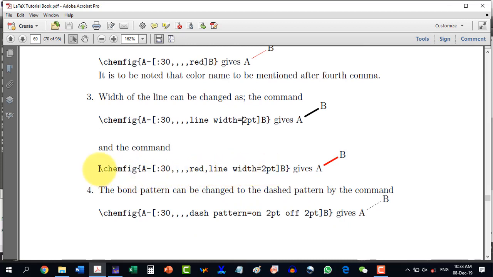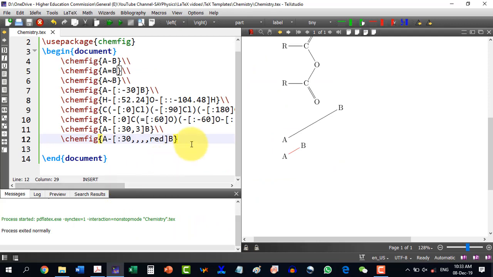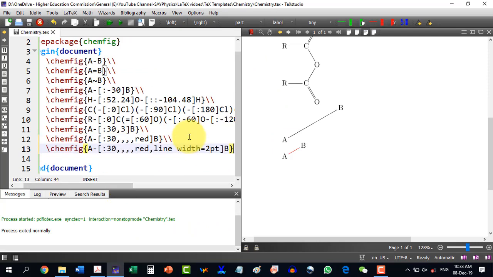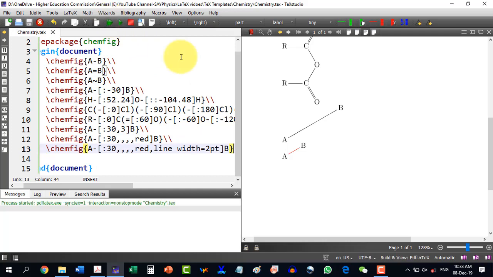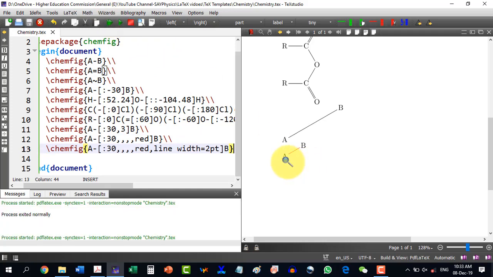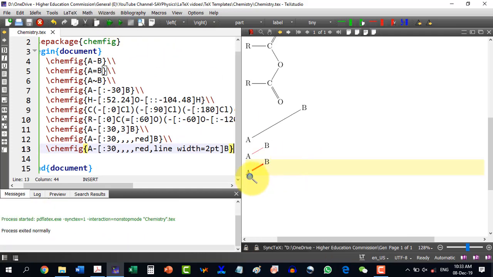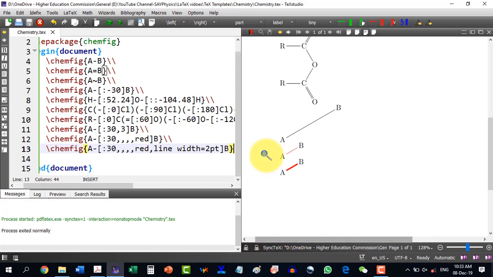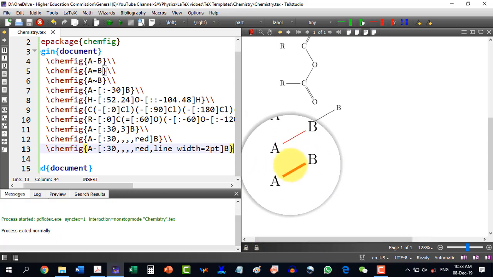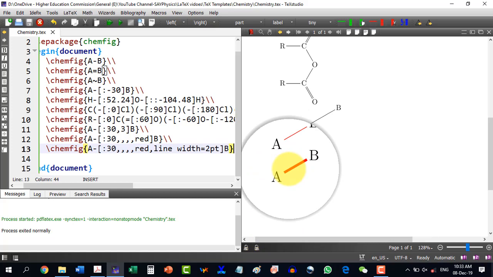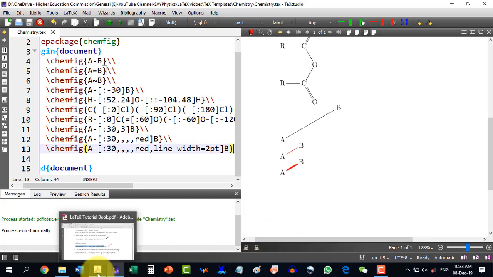So this is to be carefully noted that the commas should be there, otherwise it will not execute properly. And here it is. So bond with increased width with a red color.